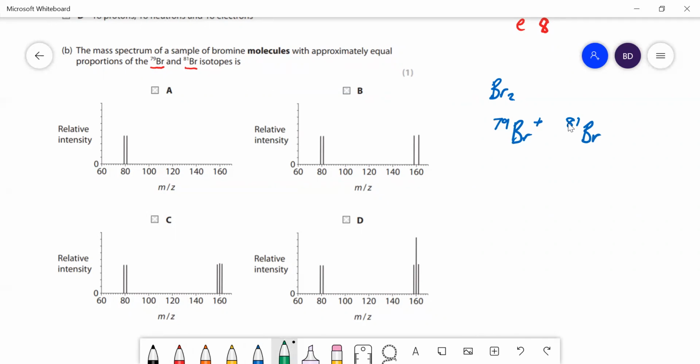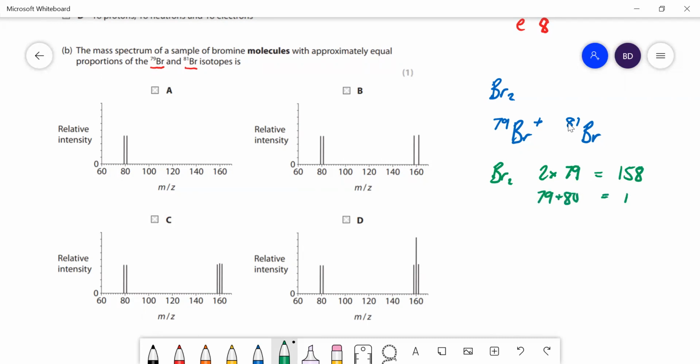So if you get Br2, of course, you can have 2 of the 79 isotopes. That's going to give you an m/z of 158. You could have a 79 and an 81 together.